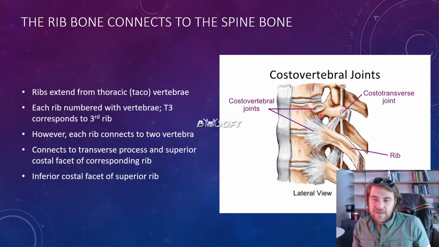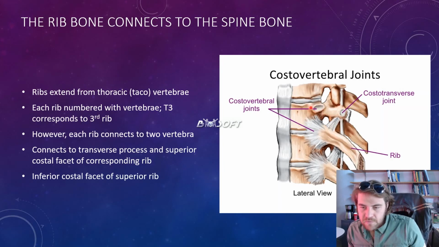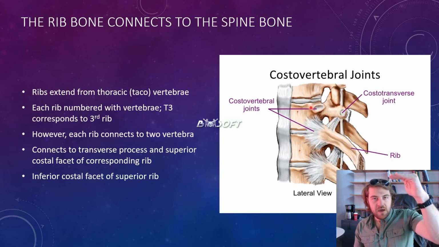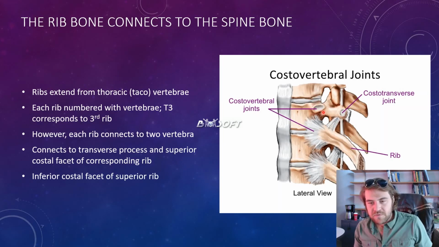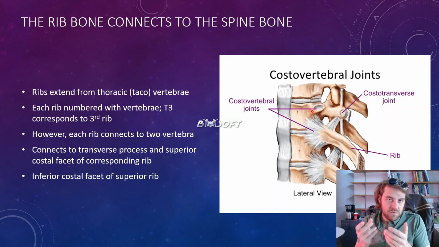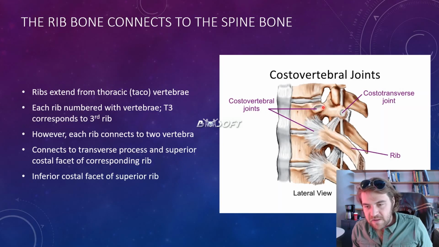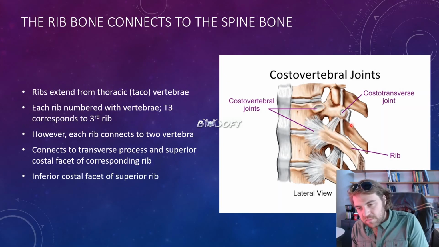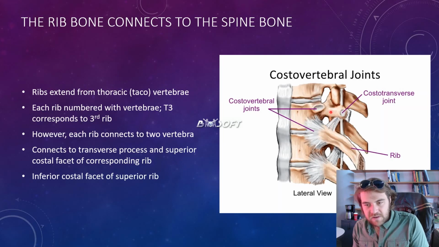corresponds to. It's also going to hook onto this right here, which is the superior costal facet. Superior meaning top, right? Costal meaning rib, and then facet meaning connection point. So it's the superior costal facet. The rib, which like this, it'd be this one here that has been taken away so you can't see it.